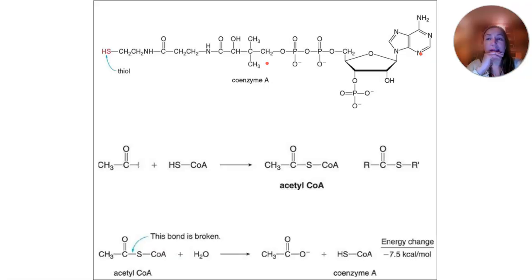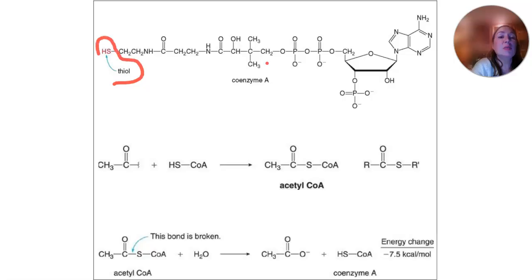So, we're really seeing a molecule that's kind of similar to what we've seen in terms of ATP and ADP. We don't have to memorize this or know what its structure looks like. I just wanted you to have an idea about what coenzyme A is really like. So, there's our deep dive into coenzyme A.